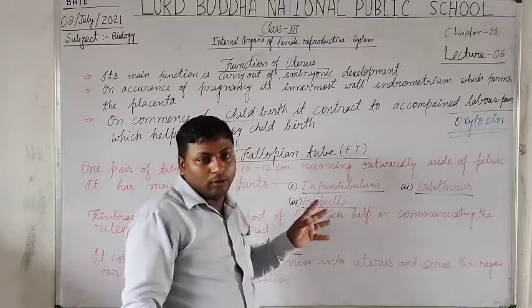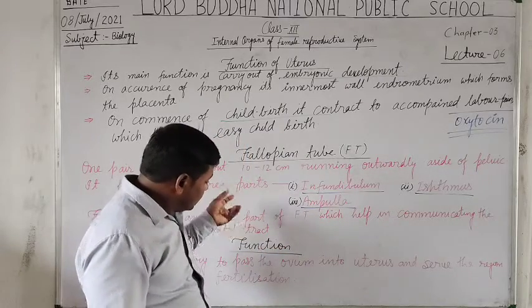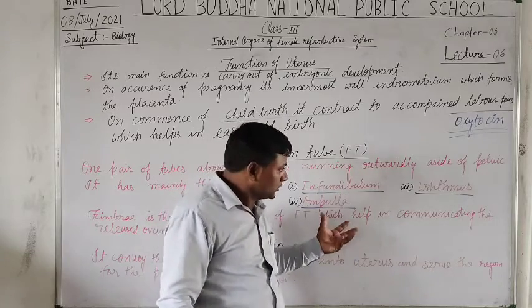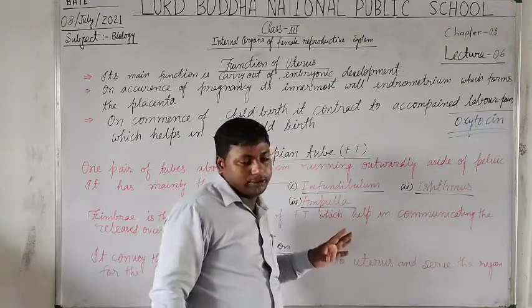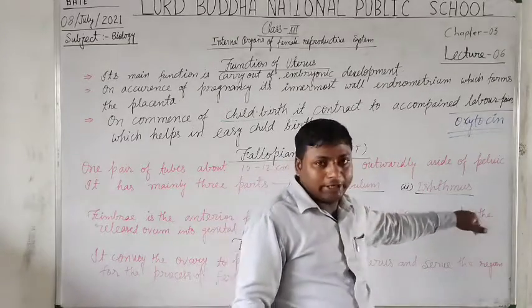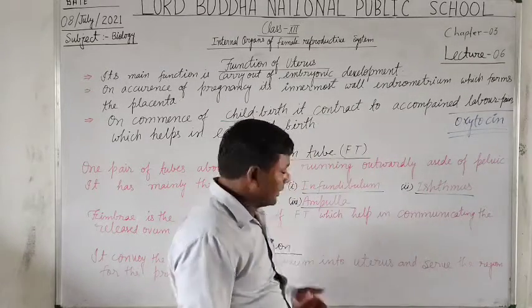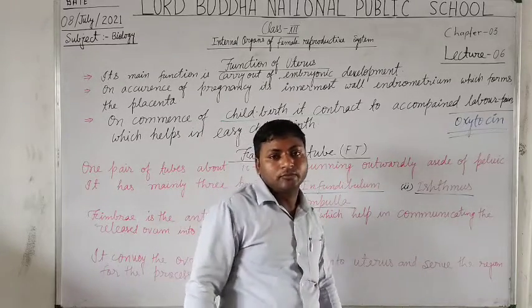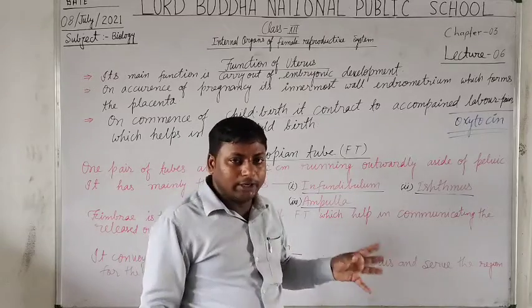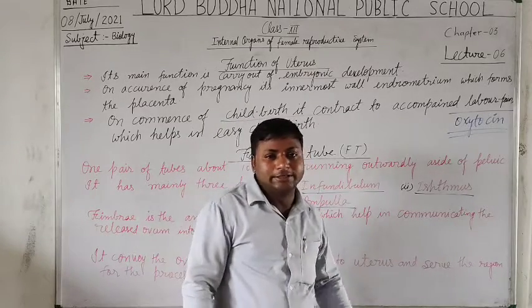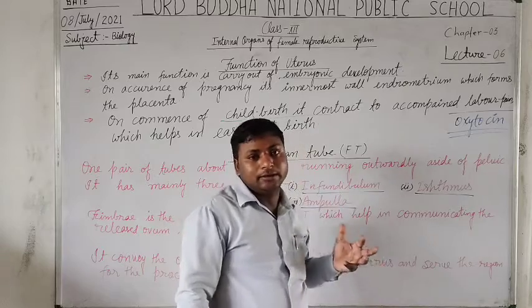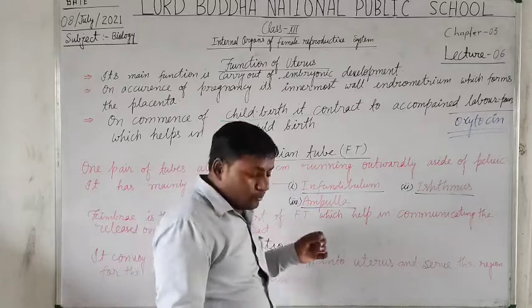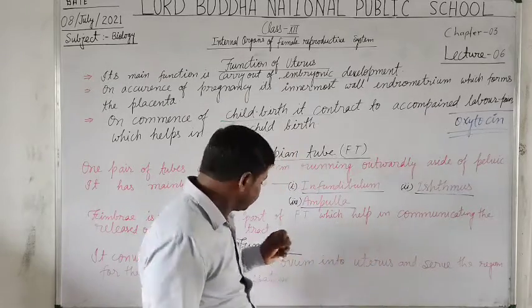The released ova, after being conveyed by the fimbriae, pass to the infundibulum first, and after the infundibulum pass into the isthmus, and from the isthmus further pass into the ampulla. Ampulla is the region where the process of fertilization takes place if the male gamete passes into the womb during coitus.